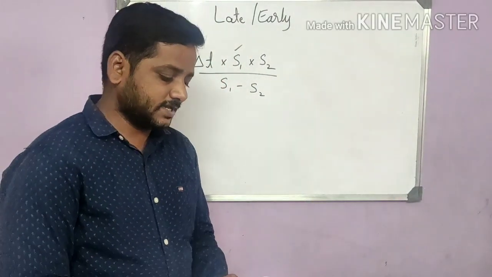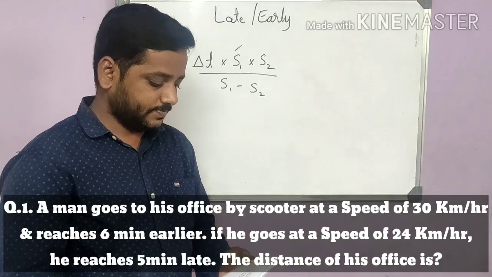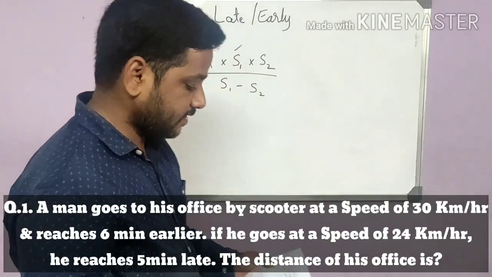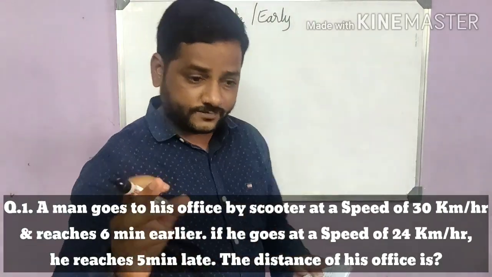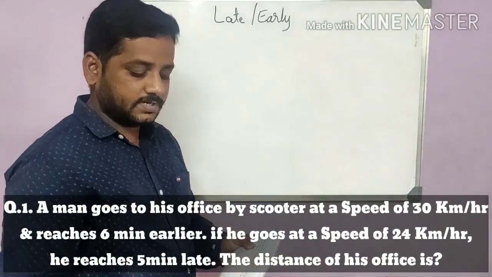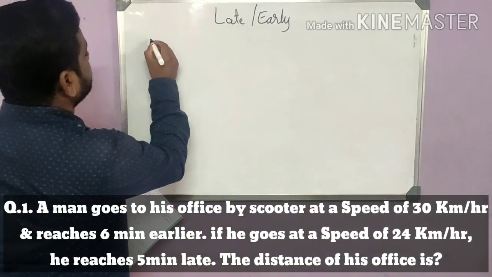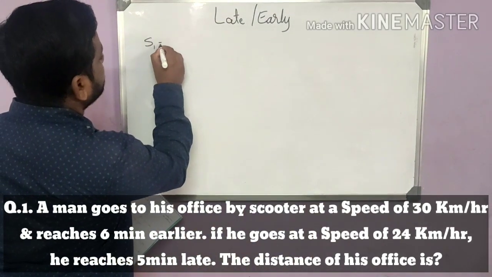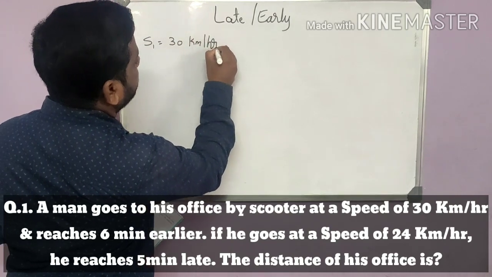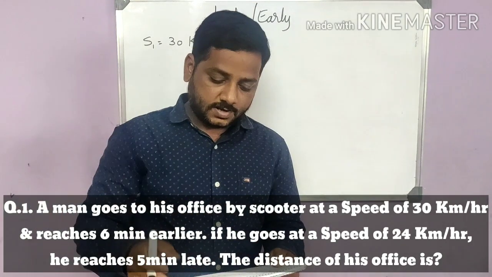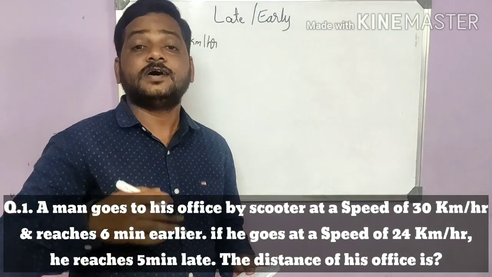You can look at the screen to see the question. A man is going to his office by scooter at a speed of 30 km per hour, let me take this as speed 1, and reaches 6 minutes earlier.